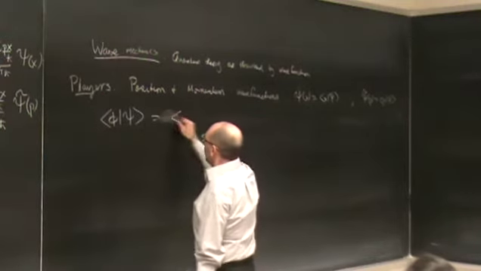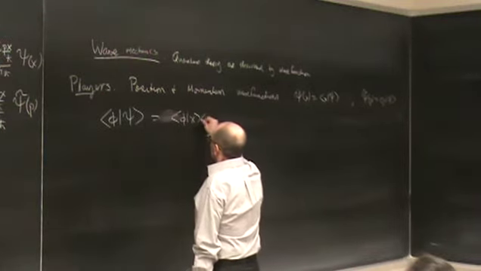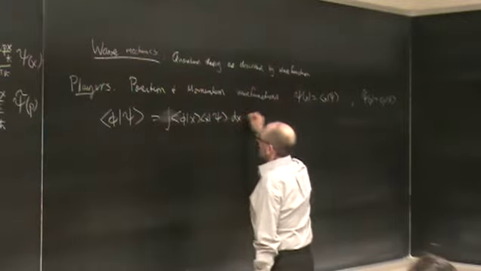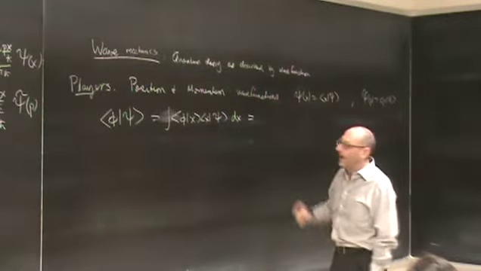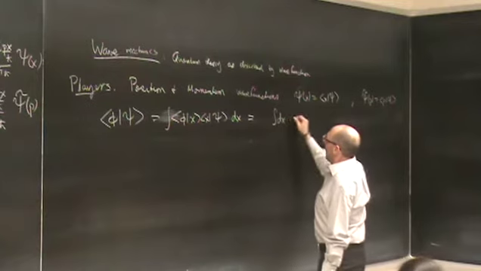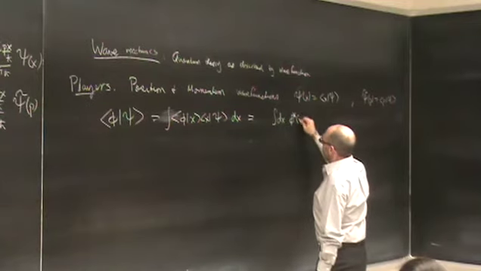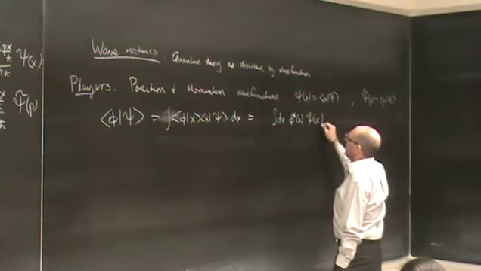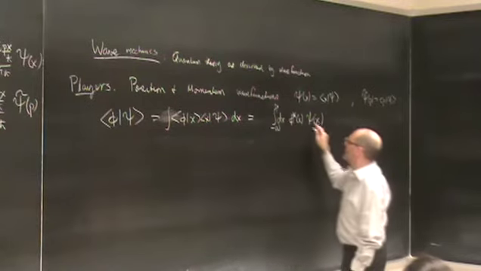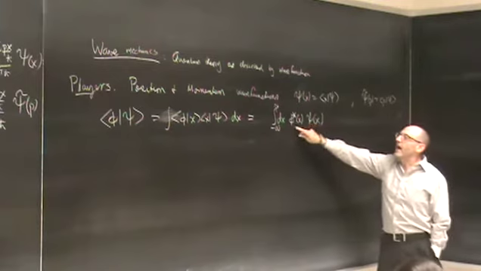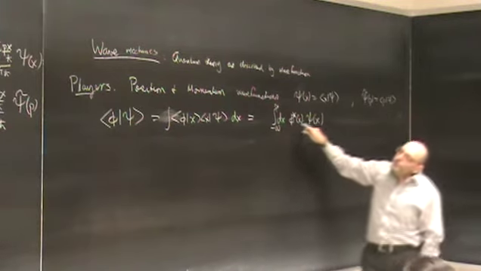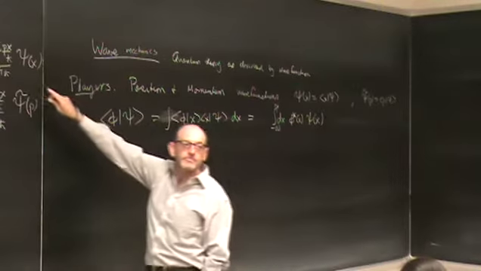If we wanted to write it out by just inserting the resolution of the identity in x, I take the complex conjugate of the function and I multiply it onto psi, and that's equivalent to projecting phi onto psi. Okay? And that's what's going on here.